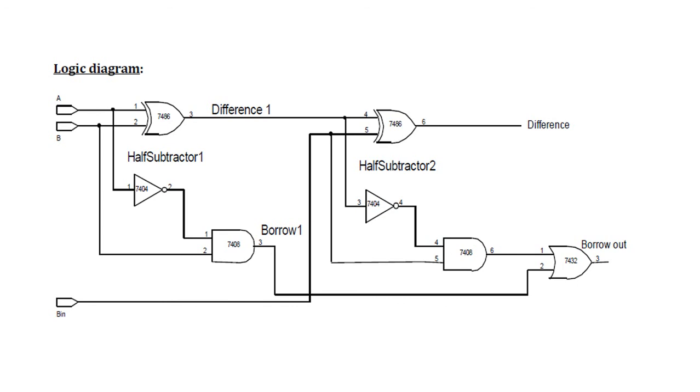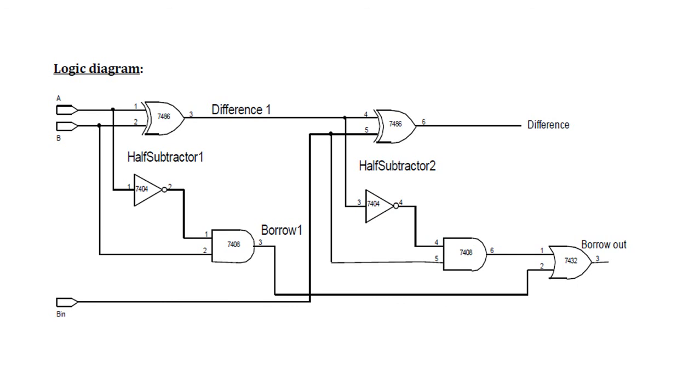And here the first subtractor circuit is connected to the NOT gate 7404. The input of this is A and output will be here A bar, and the second pin is connected to the B, so A bar B. The output of the first borrow is A bar B, so that will be connected to the input of the OR gate. Similarly for 4 and 5 is input. This fourth pin of the XOR is connected to third pin of NOT gate.